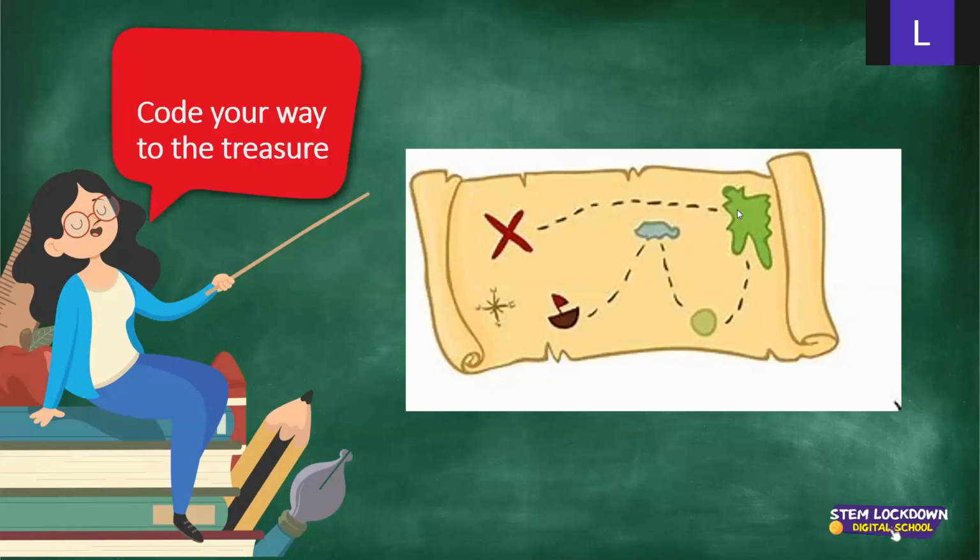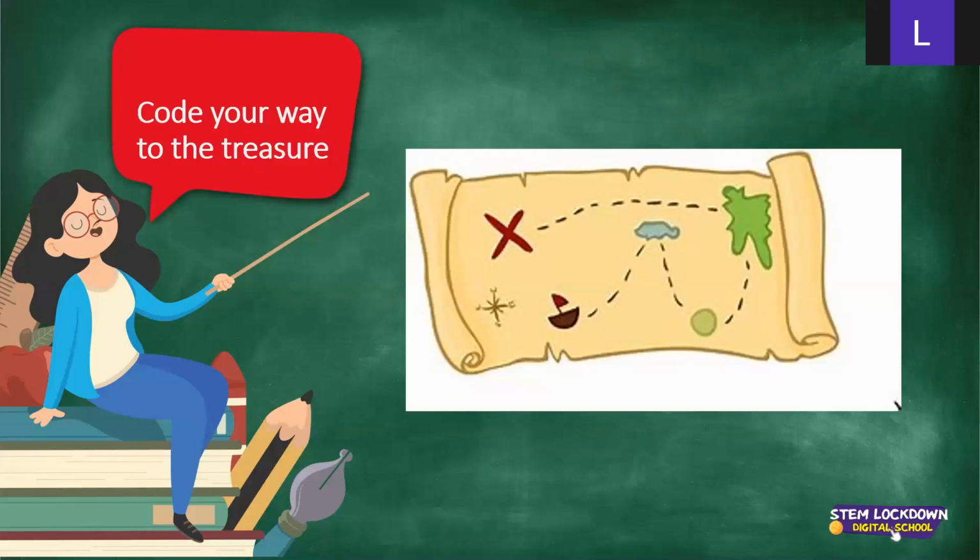Now I want to see fastest finger first. Who can tell me how many steps are needed from this green patch to the treasure? 11, Safia says. Let's see who else. Nkwanda also says 11. Anyone else? Rarak says 10.